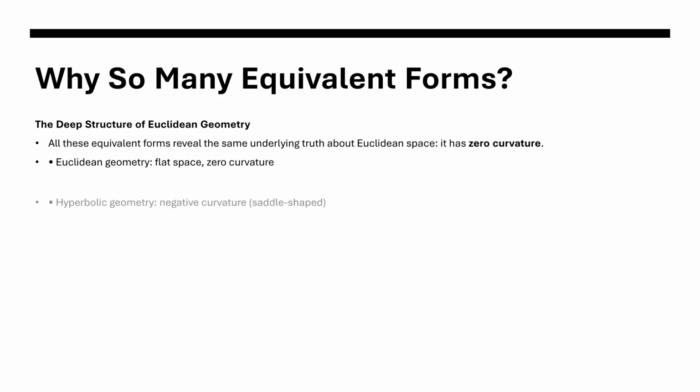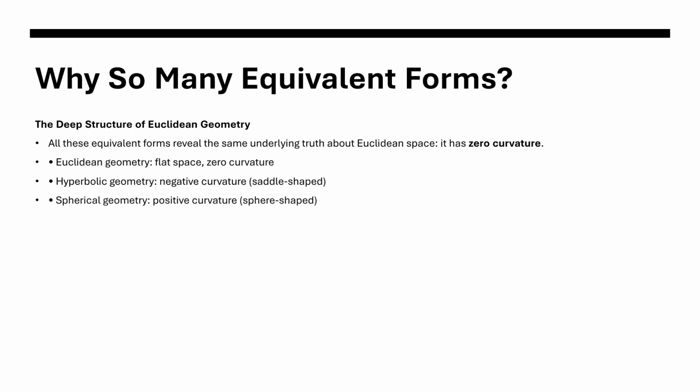Now, in hyperbolic geometry, there is negative curvature, the saddle shape. So there are infinitely many parallels, and the angle sum is less than 180 degrees.